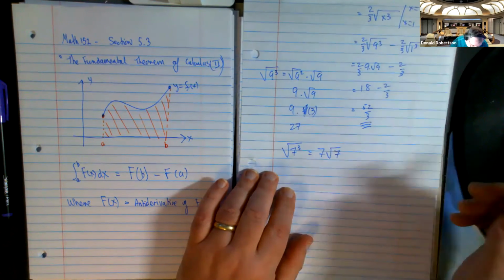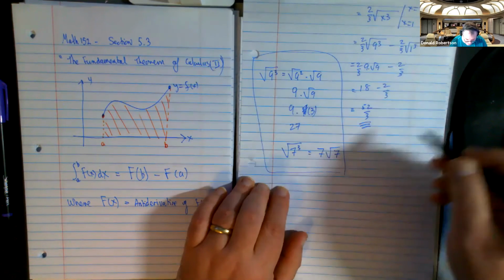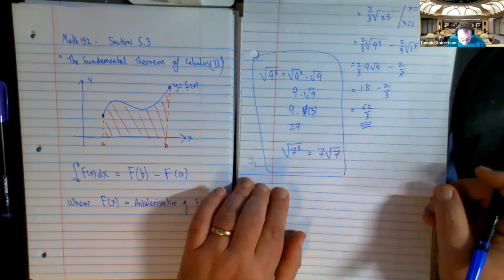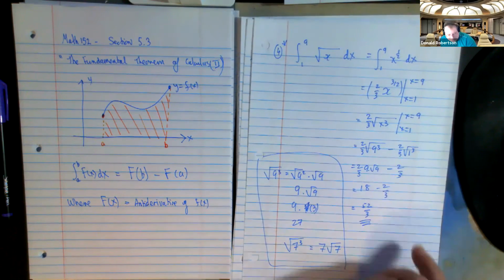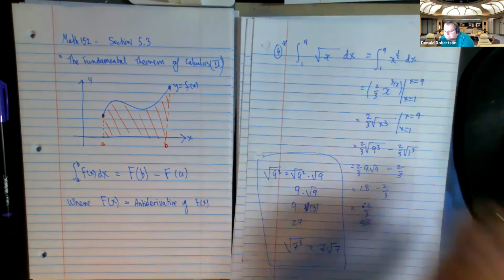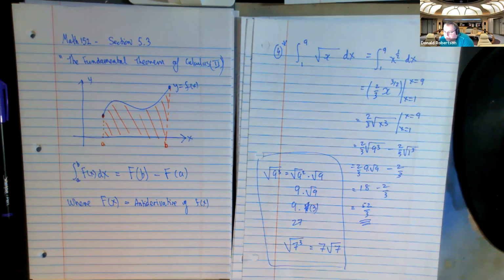So that was a little piece of algebra I did there. This technique of converting it to a fractional power is the same thing you're going to do when it's 4 times the square root of x or 3 times the cube root of x. You know, anything with square roots and cube roots in it, right?